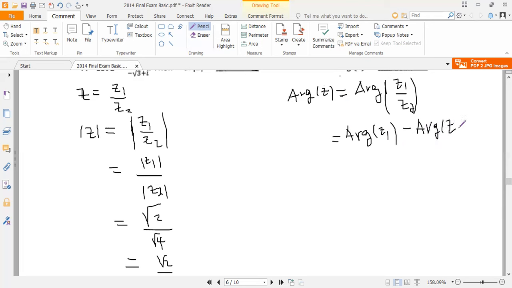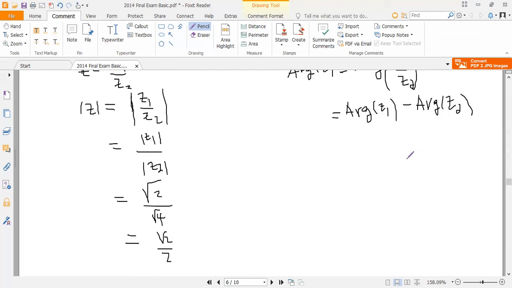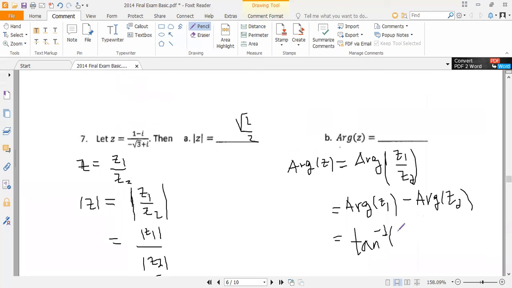The argument is obtained by tan inverse of y over x, where y here is minus 1 over 1 minus tan inverse of 1 over minus radical 3.